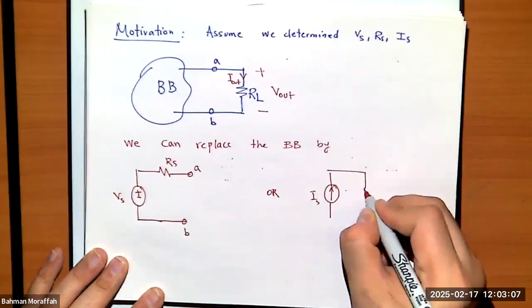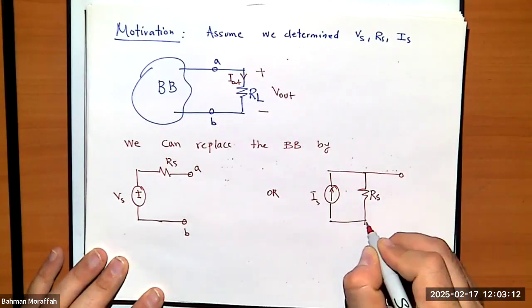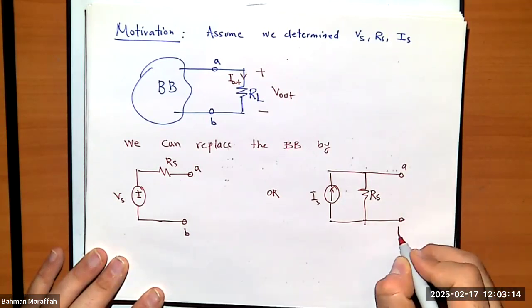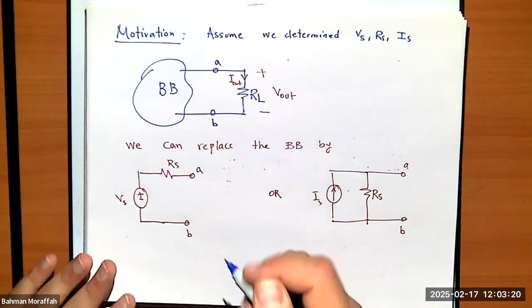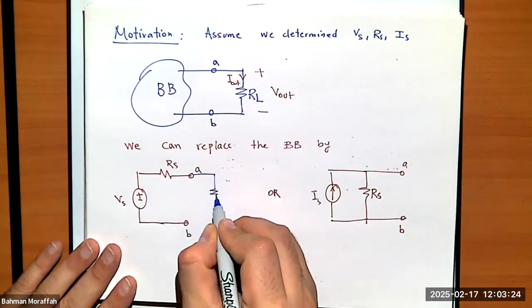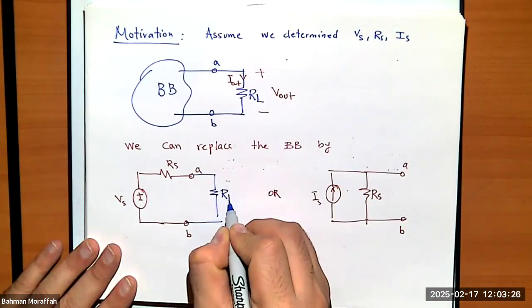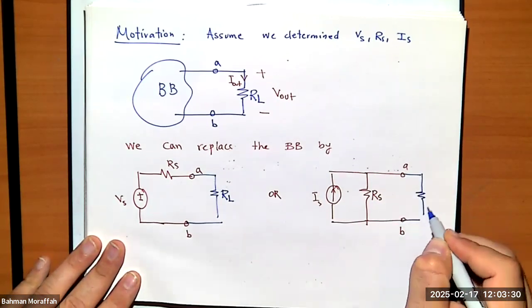This is Is, this is Rs, and this is point A and B. Right? This is my black box. And obviously, this RL goes between A and B, so I can stick it back in here. So I have this RL, or in this case, I have this RL.